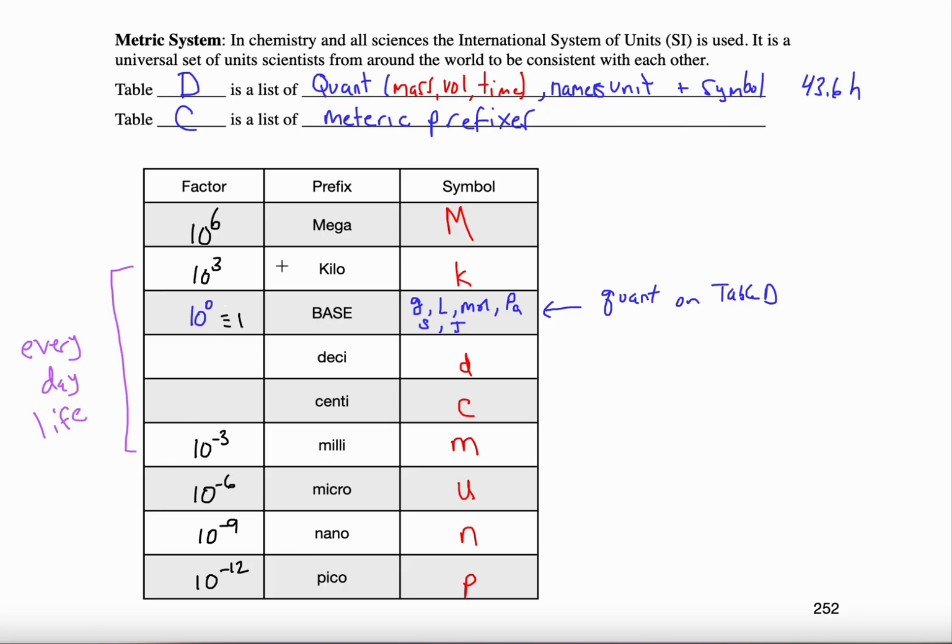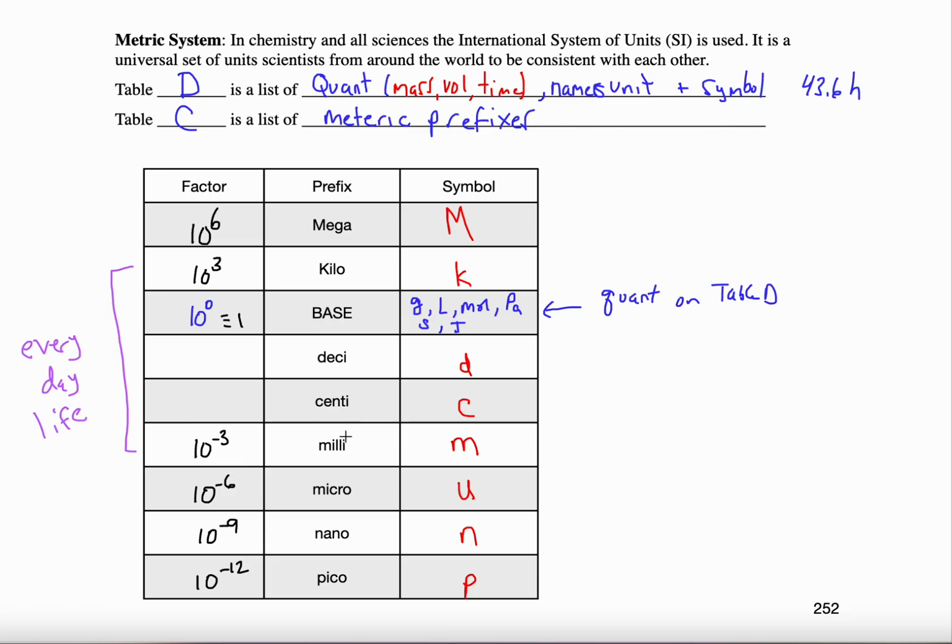When you get beyond those, to some of the larger ones beyond mega, you're probably talking about pixelation and computer systems with storage, giga and terabytes.